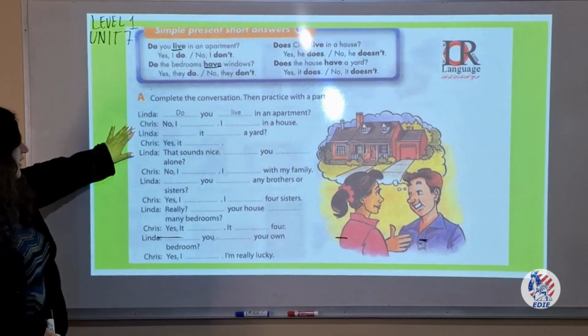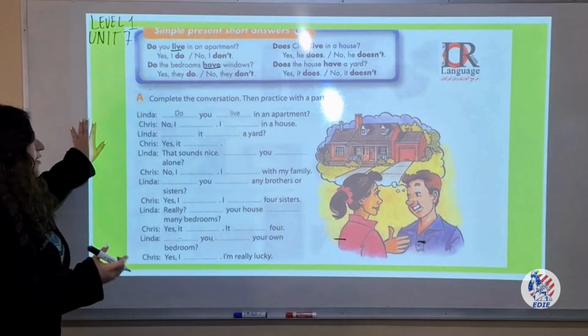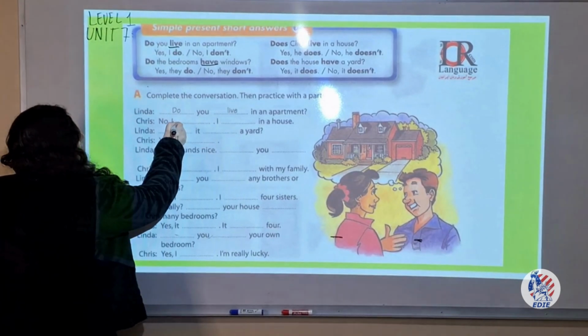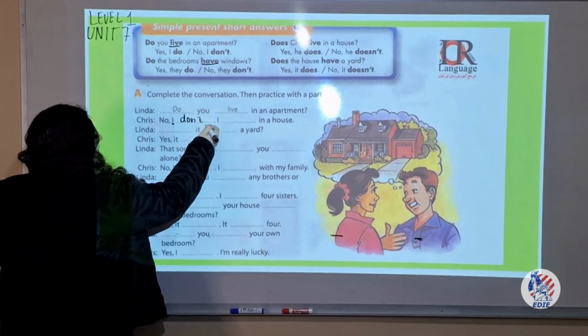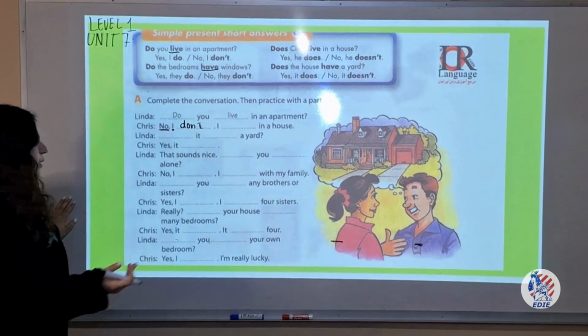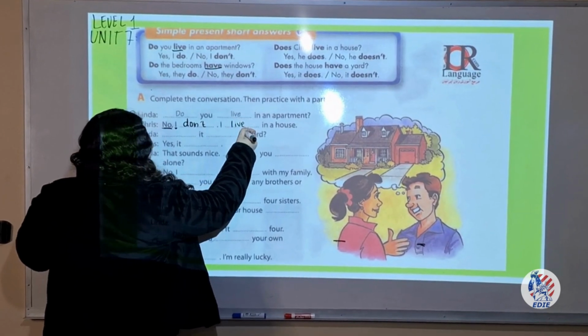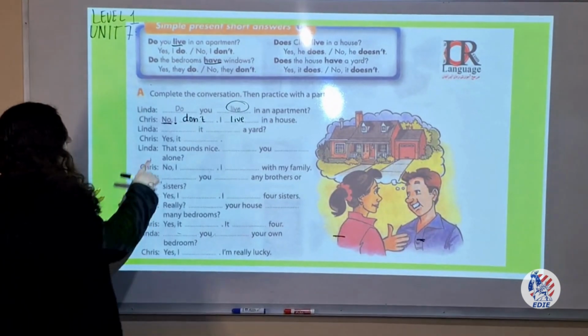Now, we have Linda and Chris having a conversation, and Linda asks, do you live in an apartment? And Chris answers, no, I. Since we have I as a pronoun, we're going to answer don't. It's negative because the answer is negative as well. I in a house. I live in a house. We use live because that was a question that Linda was asking him.